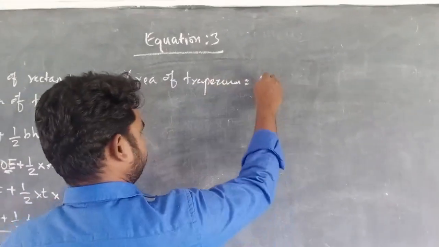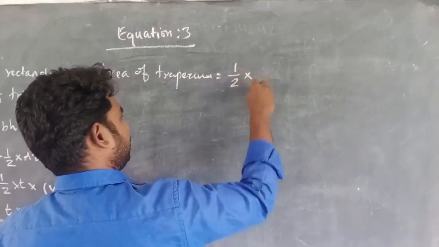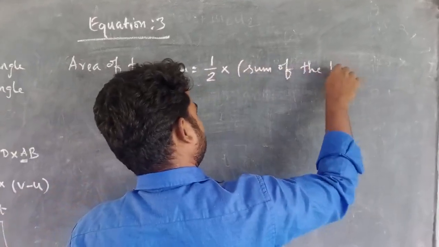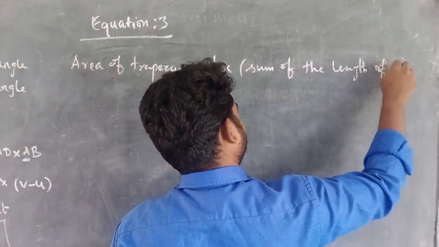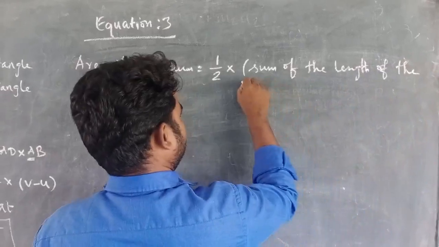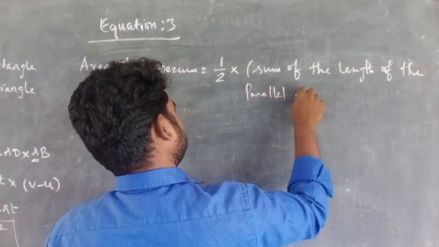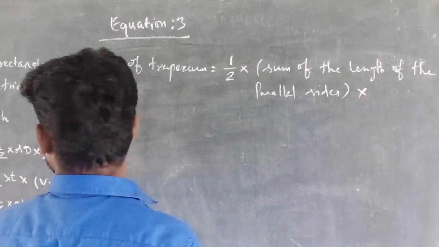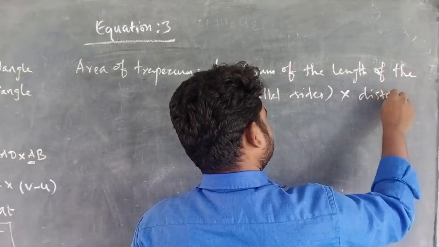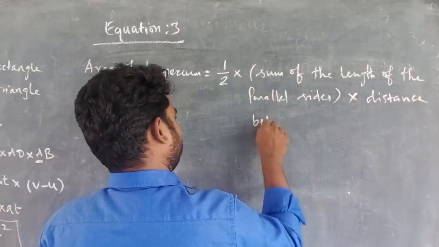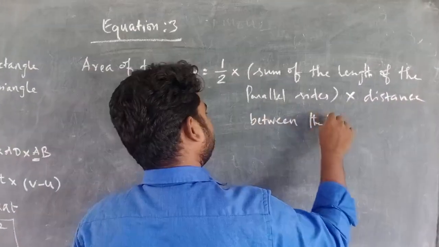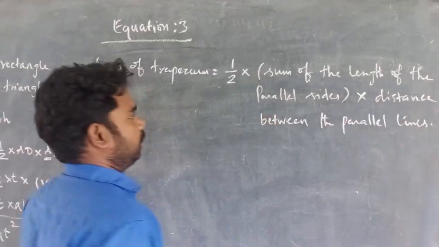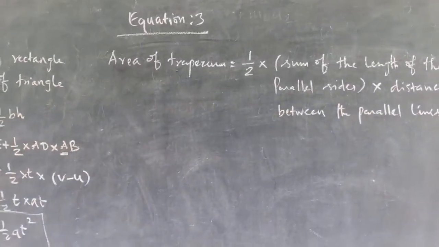Area of trapezium is equal to 1 by 2 into sum of the length of the parallel sides into distance between the parallel lines. So this is the formula of area of trapezium.